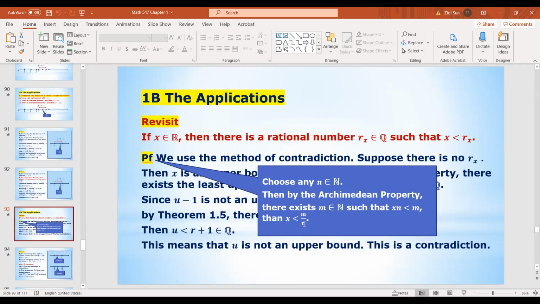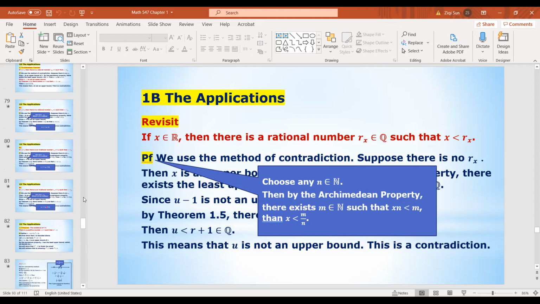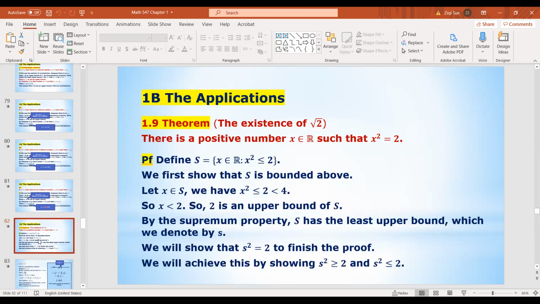Let's also visit one of the difficult proofs in this chapter, the existence of square root 2, right? So this theorem is important. Of course, I'm not asking you to copy or write a long proof like this, okay?